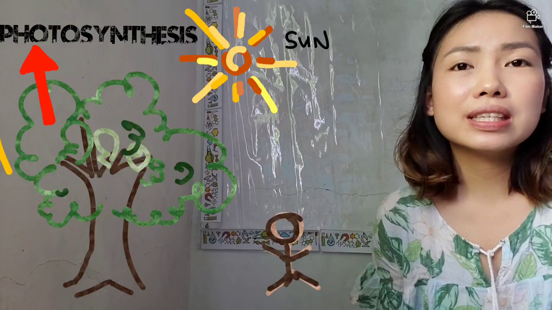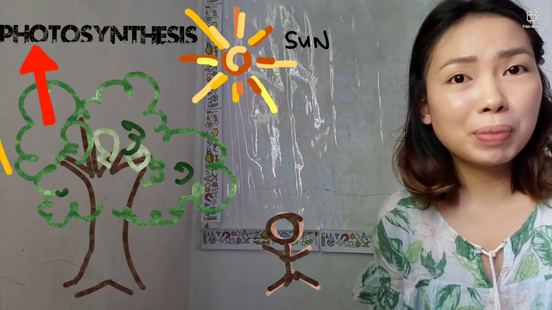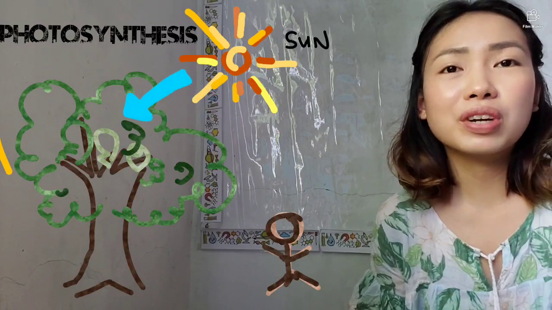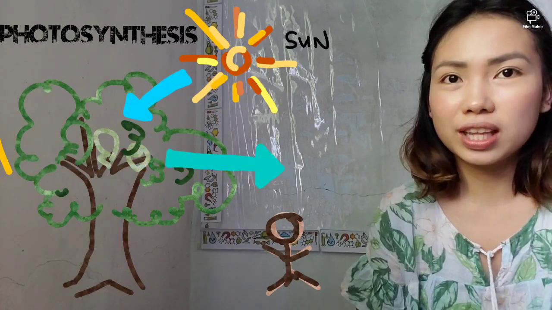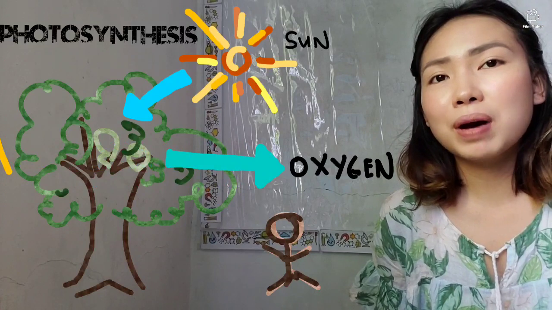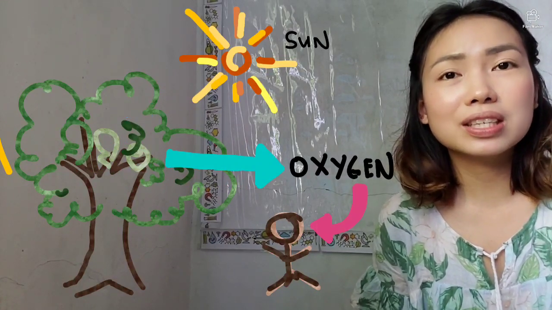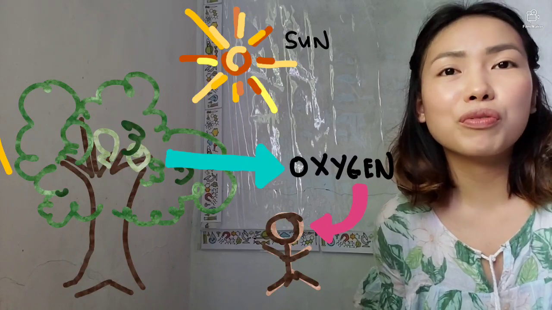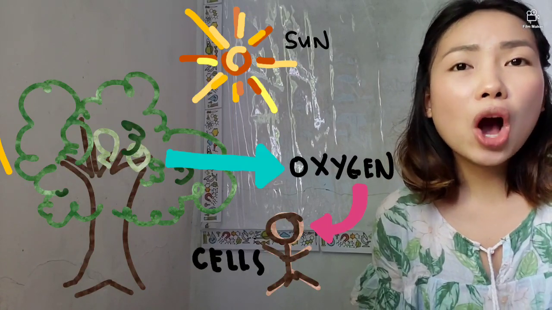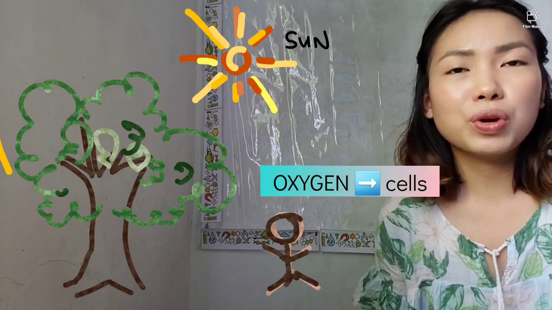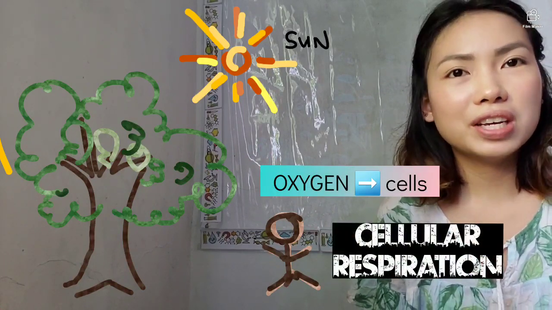Now, this photosynthesis is happening within the plants, and this is the result of the release of oxygen. This oxygen released by the plants is needed by the humans, specifically the cells of the human. When the oxygen is in the cells of the human, that is what we call cellular respiration.